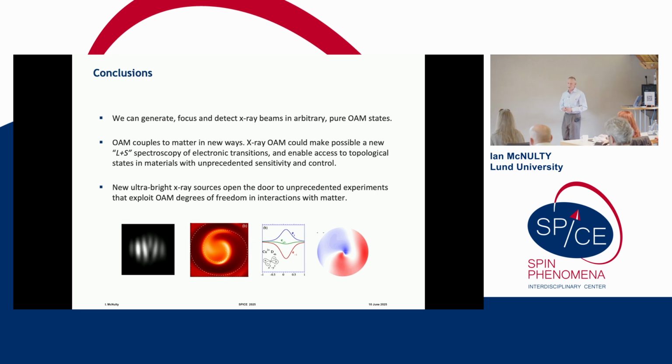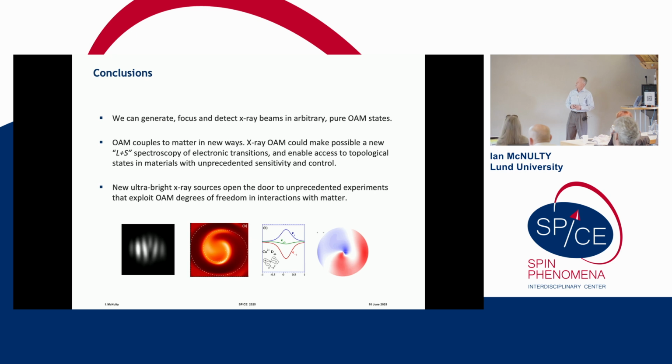Okay, just to wrap up quickly, we know we can generate, focus, and detect X-ray beams, and I'm really going over a huge spectral range, from extreme ultraviolet to quite hard X-rays, and arbitrary and very nearly pure states, particularly using optics. We can separate individual orders quite well from the other ones. These states couple to matter in new ways with many more degrees of freedom than we thought possible before.